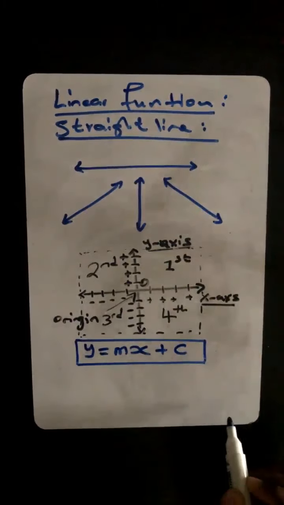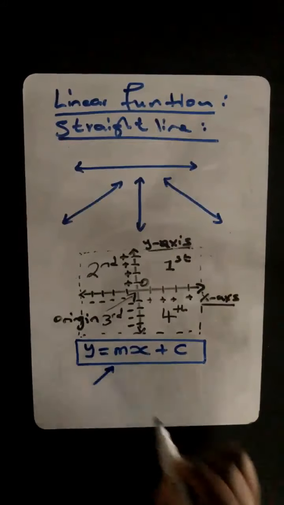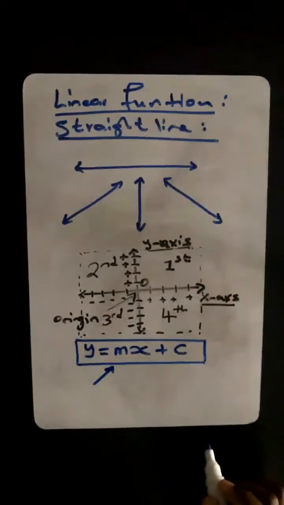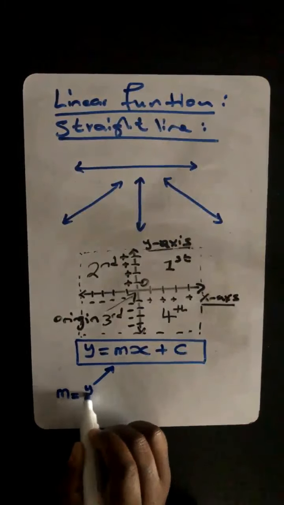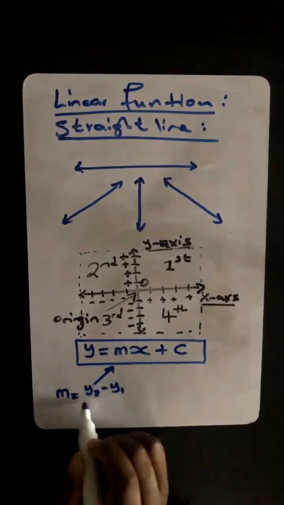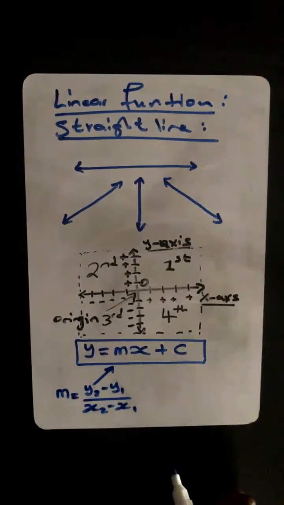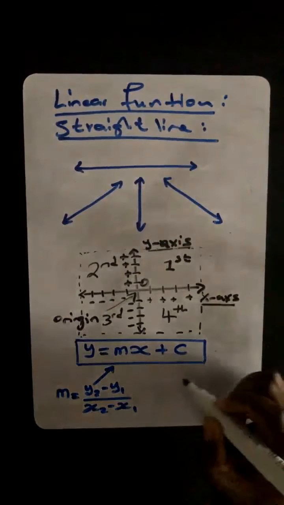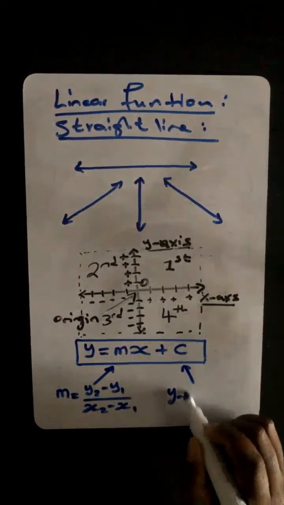And I explained in our previous lesson that m represents the gradient. So that means m, obviously you know the formula for the gradient is y2 minus y1 over x2 minus x1. So c represents the y-intercept.